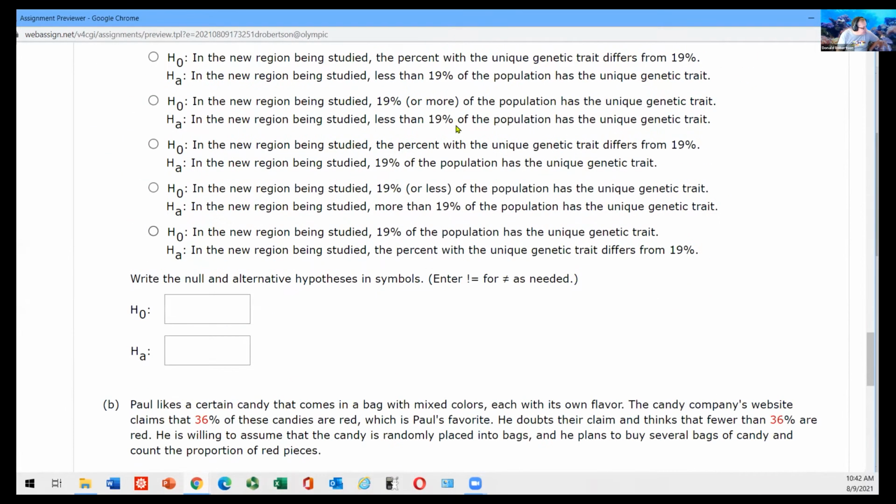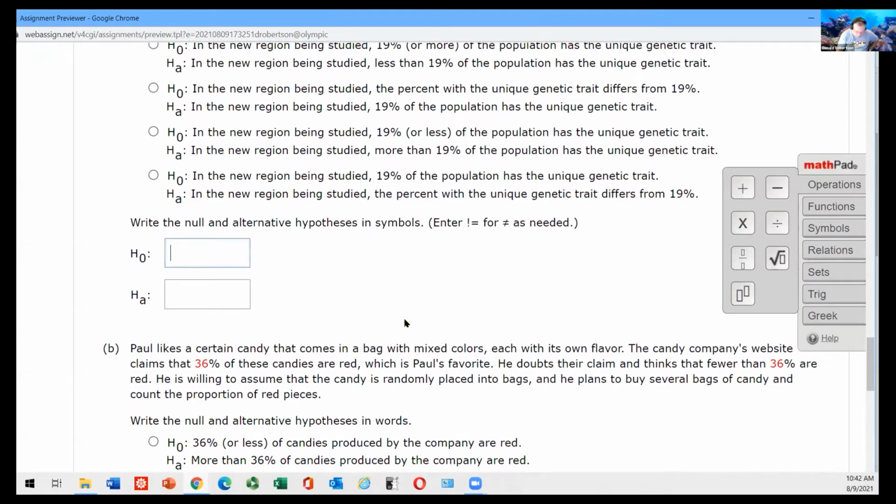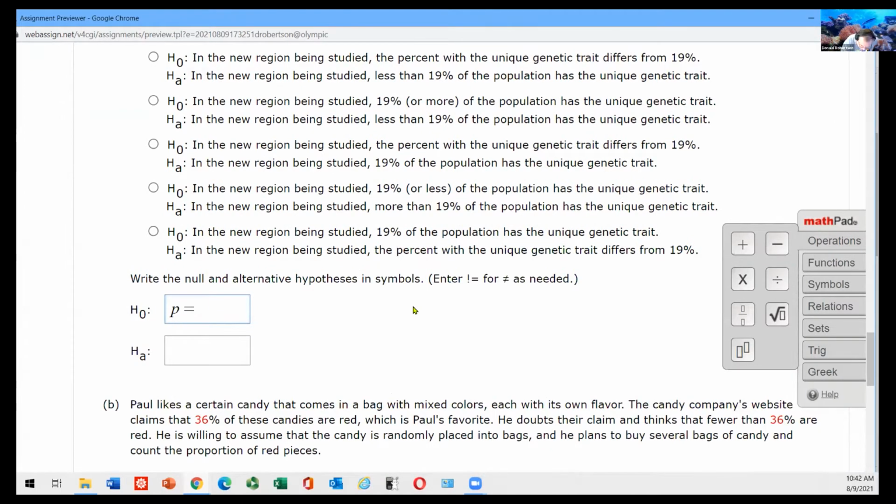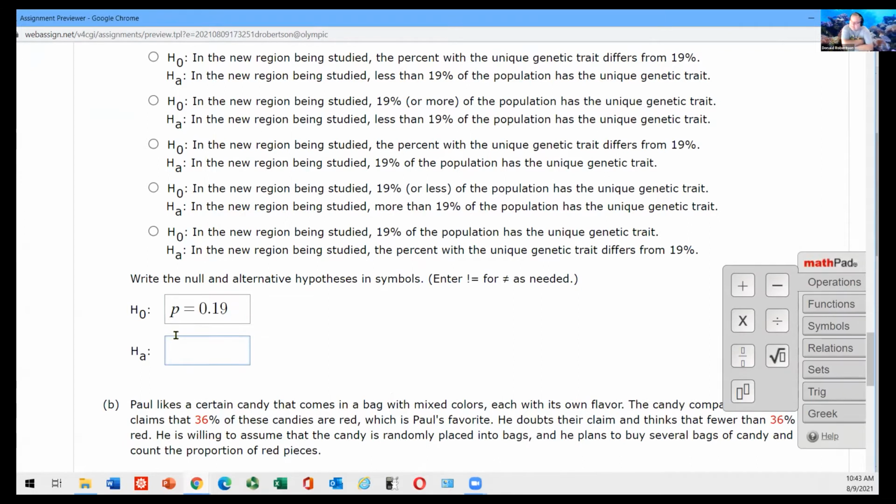So they've got that sentence one, which I don't like, but this one I do. P is equal to 0.91, 19% written down as a decimal. You always do these as decimals, never as percentages. Now, in this case, not equal to.